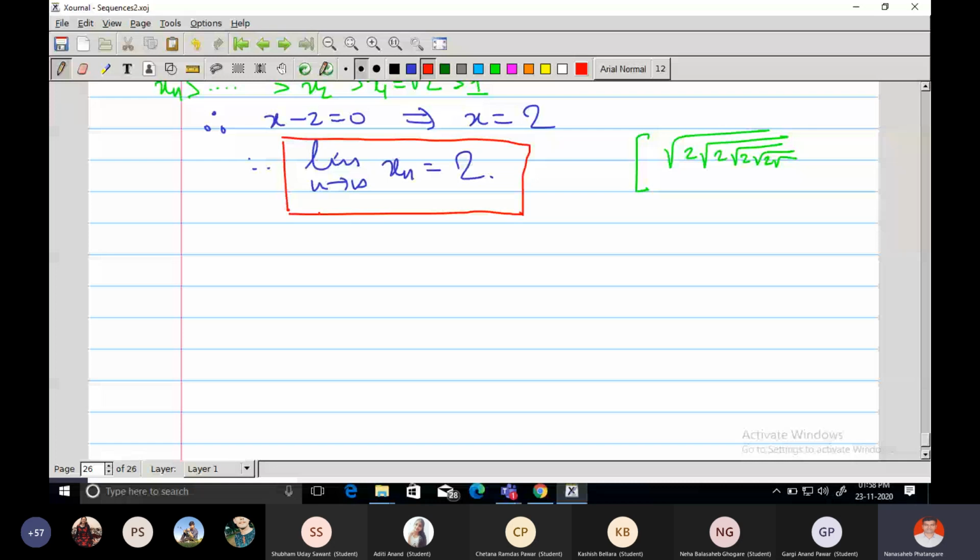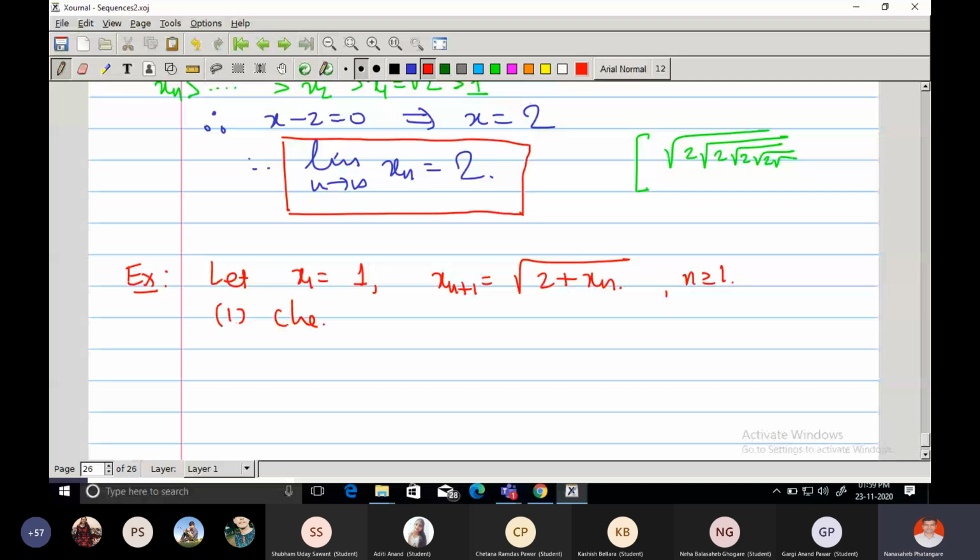Let x_1 equal 1, x_{n+1} is the square root of 2 plus x_n, for n greater than or equal to 1. Then first, show x_n is monotonic. Second, is x_n convergent?